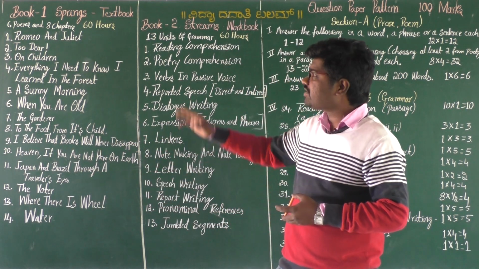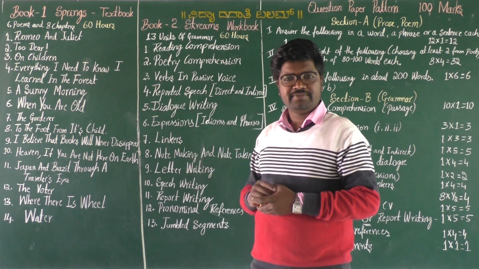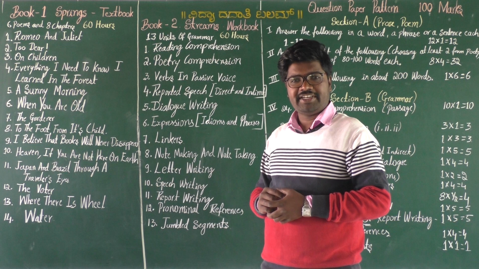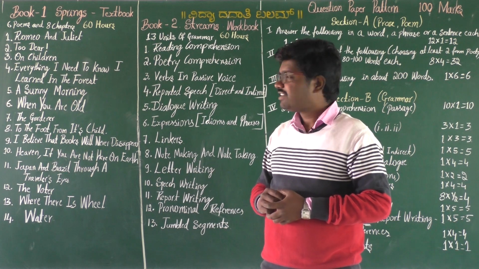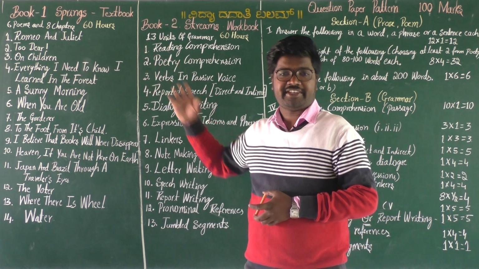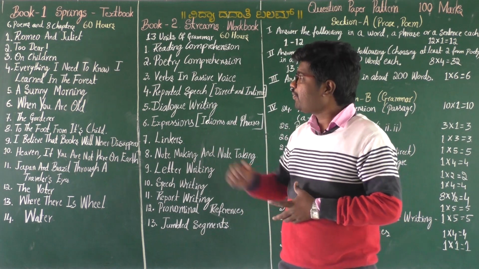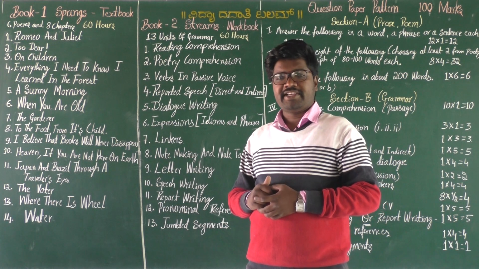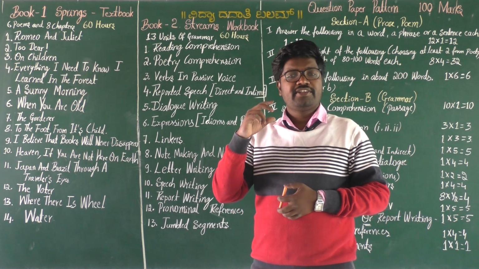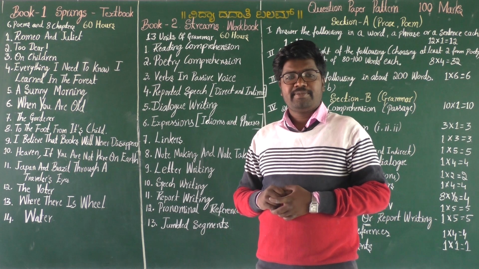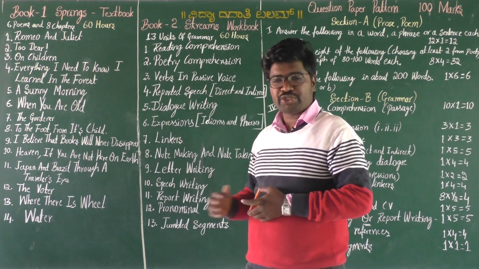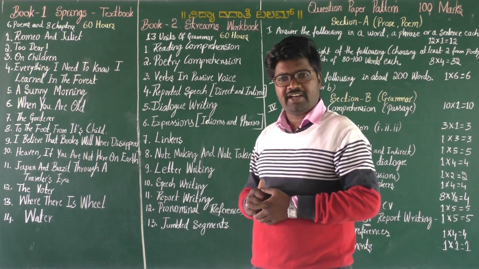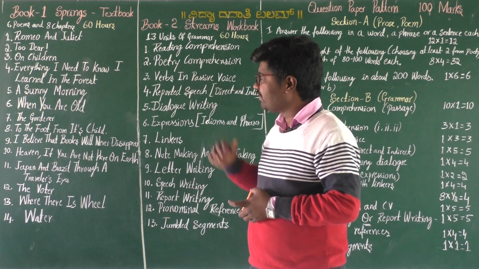We can see the very first one, the famous love story of the world written by William Shakespeare, that is Romeo and Juliet. This is the poem prescribed for you. There will be two selected lines from the Romeo and Juliet drama. The second one you have is the story Two Deer.